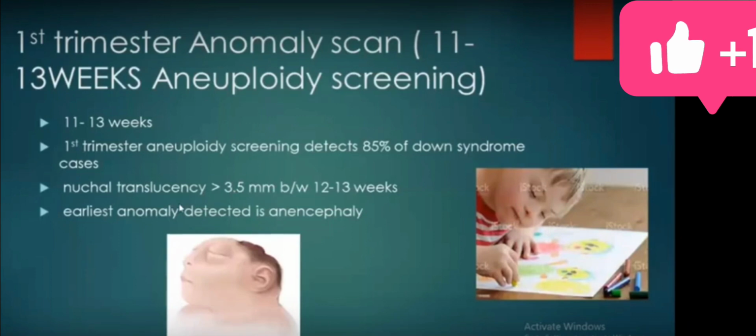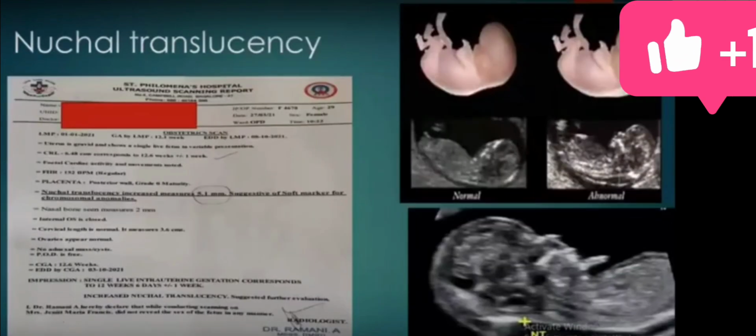Then we can also easily see the nuchal translucency. This is the nuchal translucency: here you can see the fluid in the skin fold at the neck. If fluid deposits between the skin fold and the neck region, this measurement will increase.